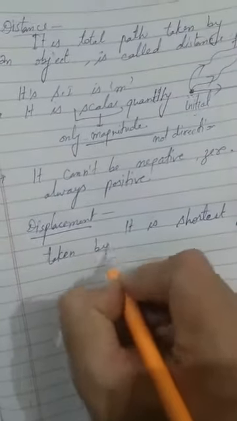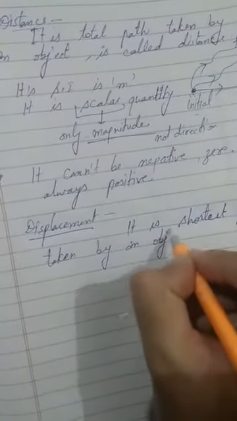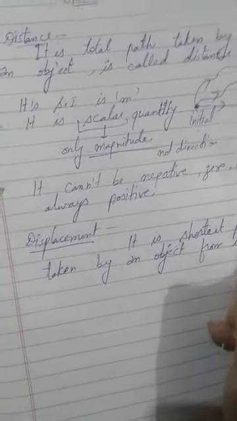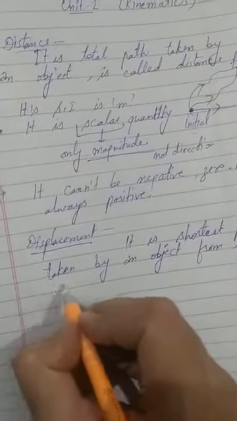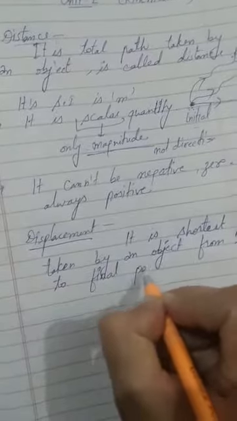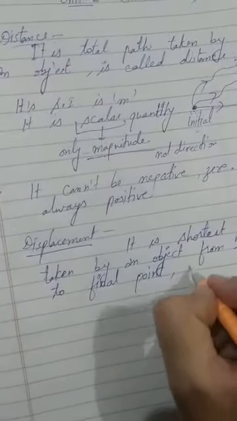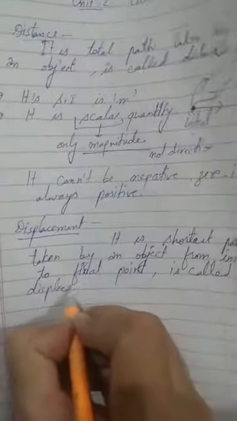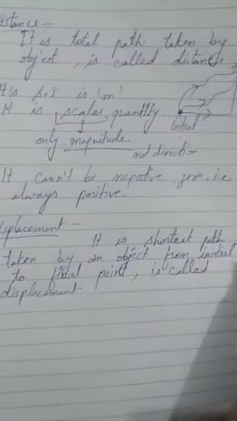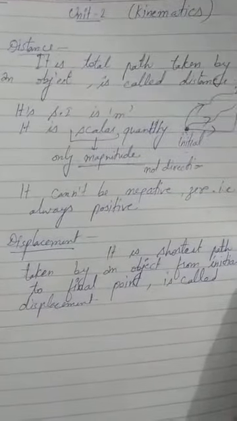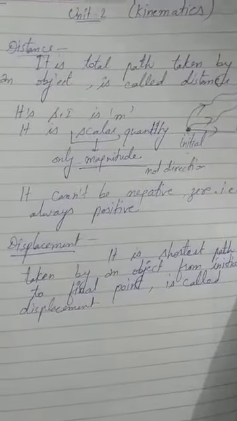The shortest path taken by an object from the initial point, the starting point, to the final point is called displacement. Understood?